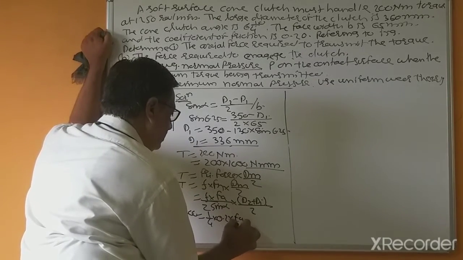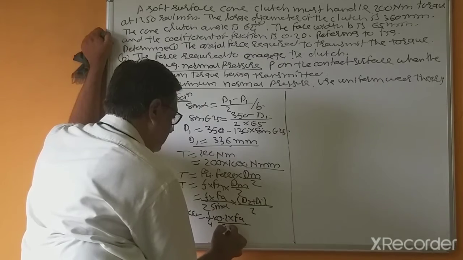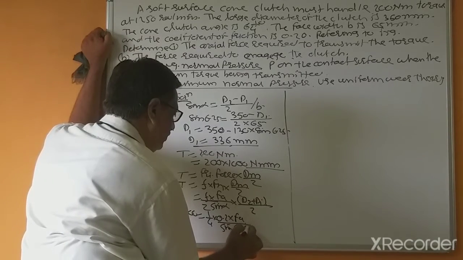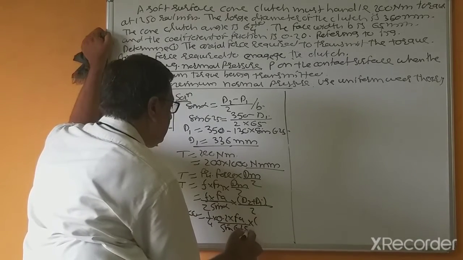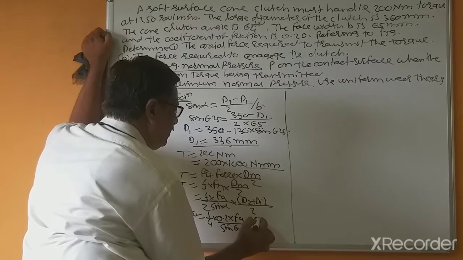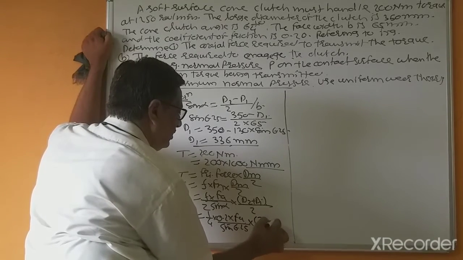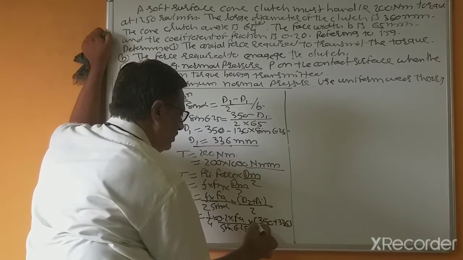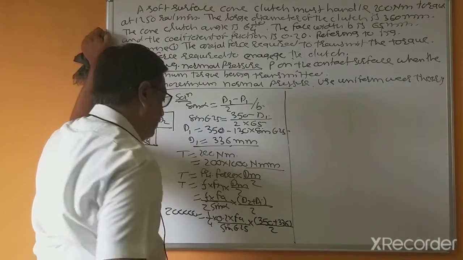And torque equals Fa divided by sine 6.25 into mu into 350 plus 336 divided by 2.